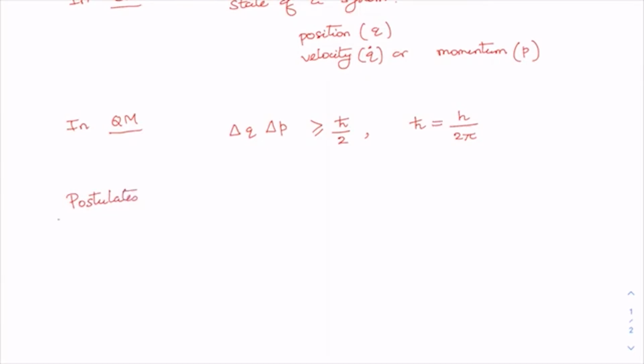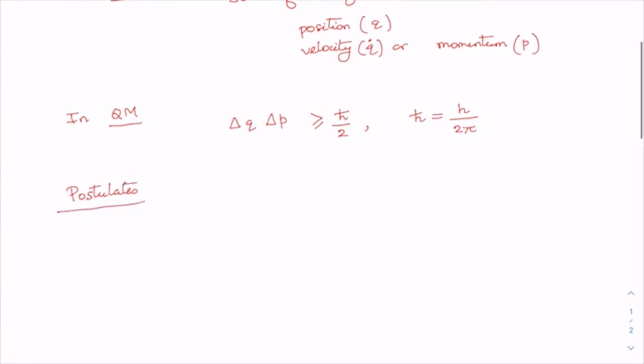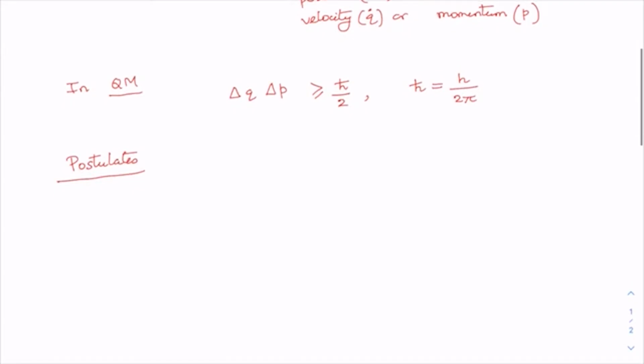The whole of quantum mechanics is based on these postulates. One of the basic postulates says that all you want to know about the system is contained in a complex function called the wave function. The wave function contains all the information of the system.